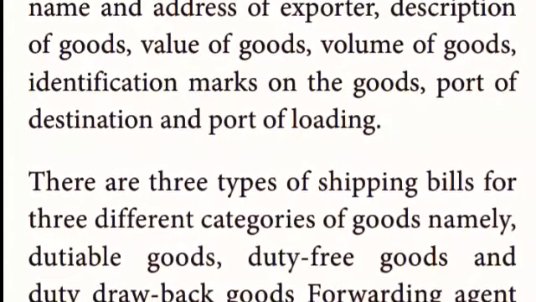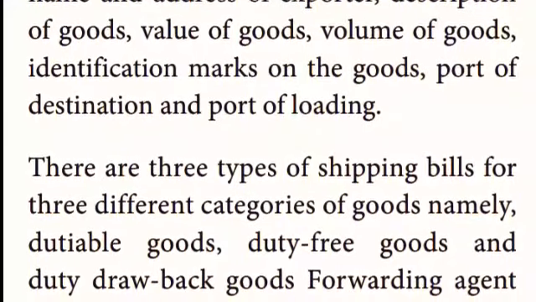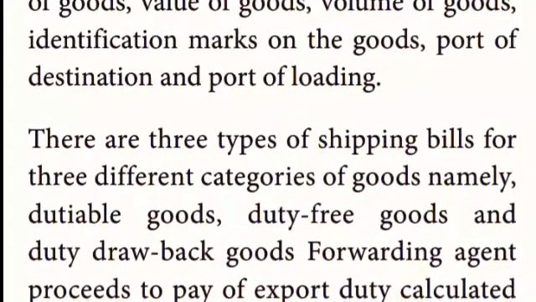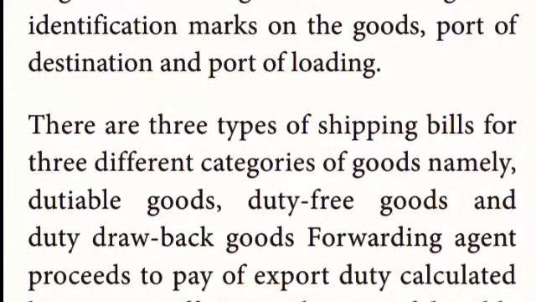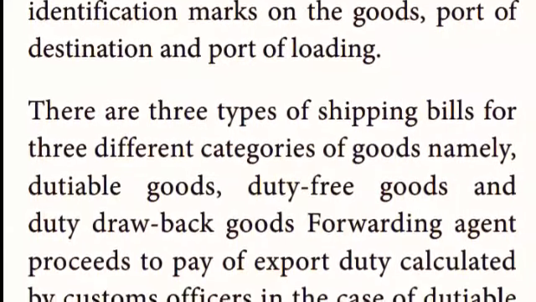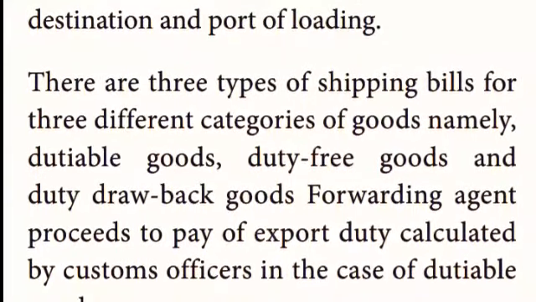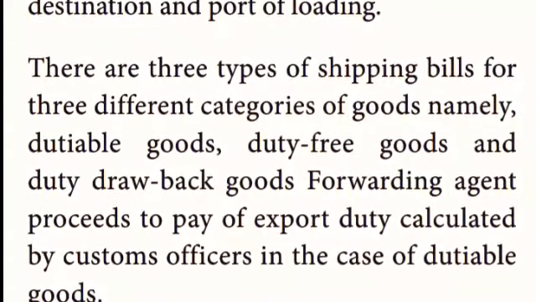Next one, there are three types of shipping bills for three different categories of goods, namely dutiable goods, duty free goods, and duty drawback goods. The forwarding agent proceeds to pay the export duty calculated by the customs officers in the case of dutiable goods.